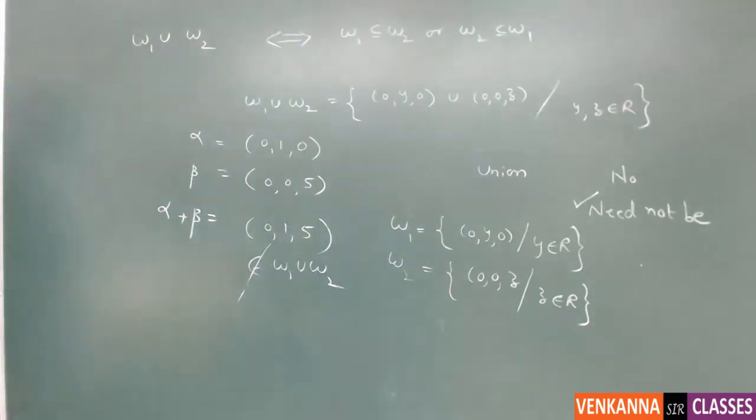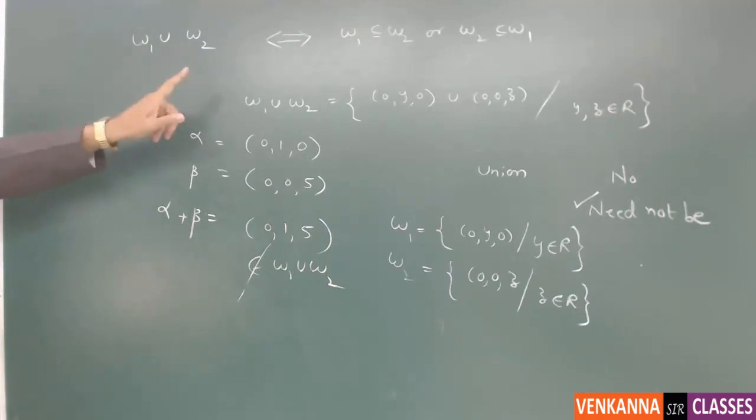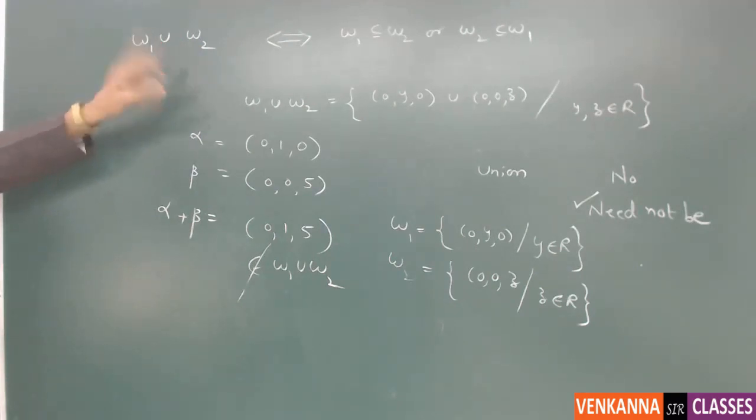So if you want to confirm that the union is a subspace, the checking condition is that one set must be a subset of the other. In that case only is the union always a subspace.